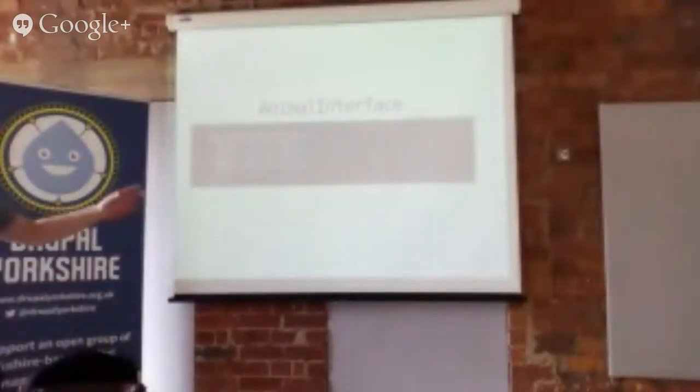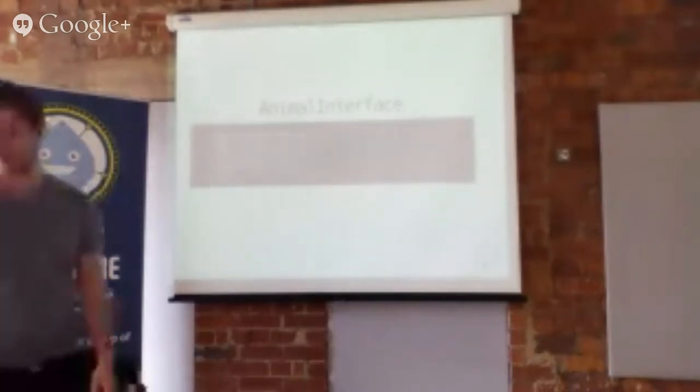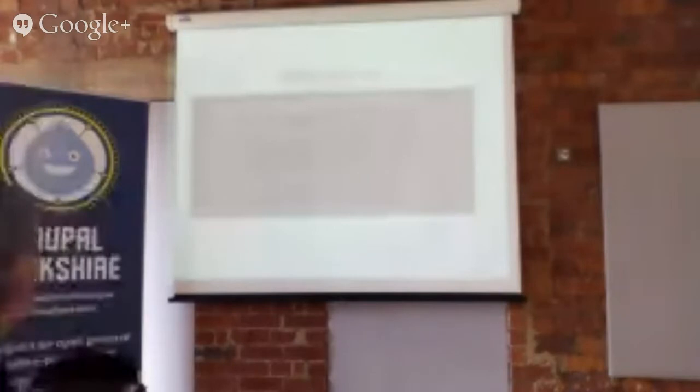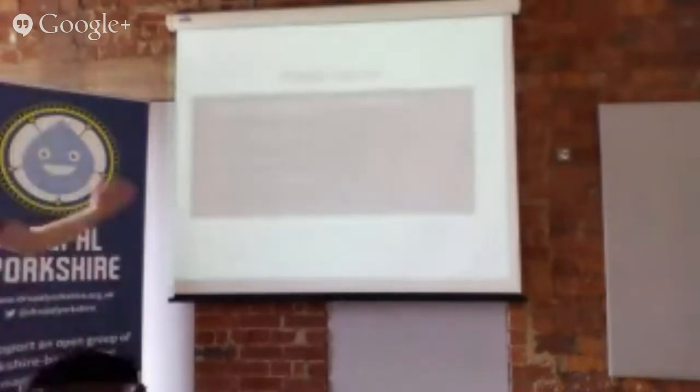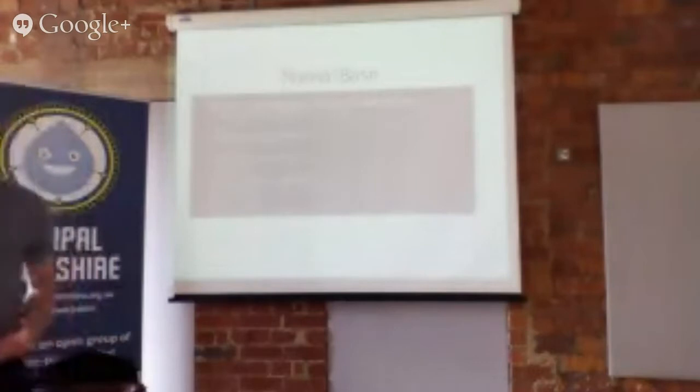I guess another thing to note is you can never have a class that is just an animal interface. You can never have something that is just an animal. It's something more specific than that. It's more a way of grouping things. So this is an abstract class. And an abstract class is sort of like a mixture between an interface and a full class.